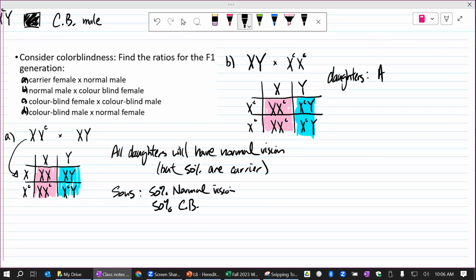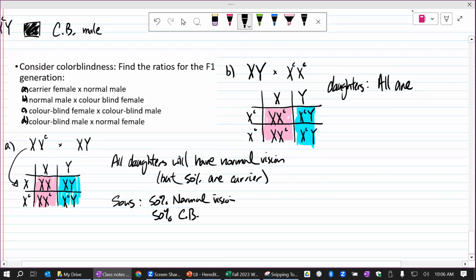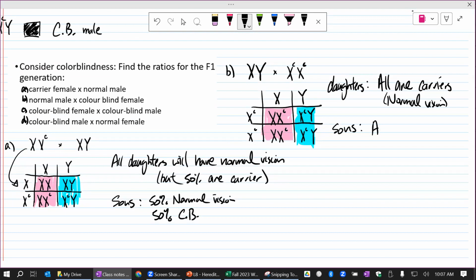That's right. All are carriers. Okay. Normal vision. Sons. It's too bad. All are colorblind. Okay.